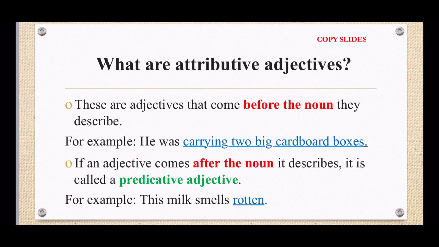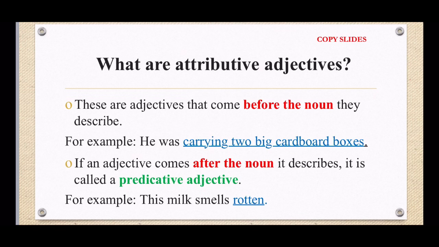So what we know about an attributive adjective is that it always comes before the noun that we are describing, right? If an adjective comes after a noun it describes, it is called a predicative adjective. Let's look at an example. This milk smells rotten.